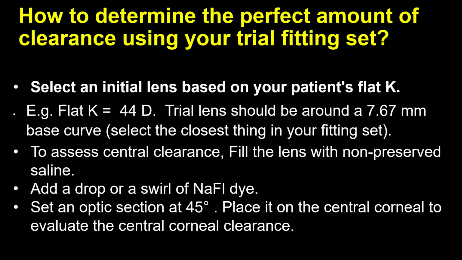Okay, so here is how to determine the perfect amount of clearance you want. If you have a flat K of 44 diopters and you convert to millimeters, which is dividing 337.5 by it, right?